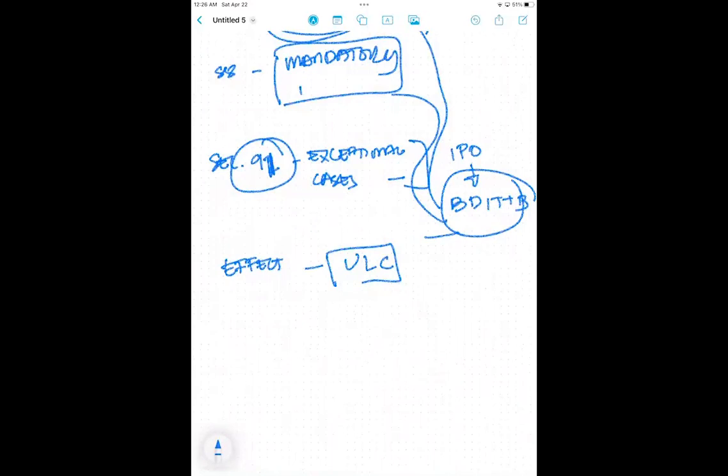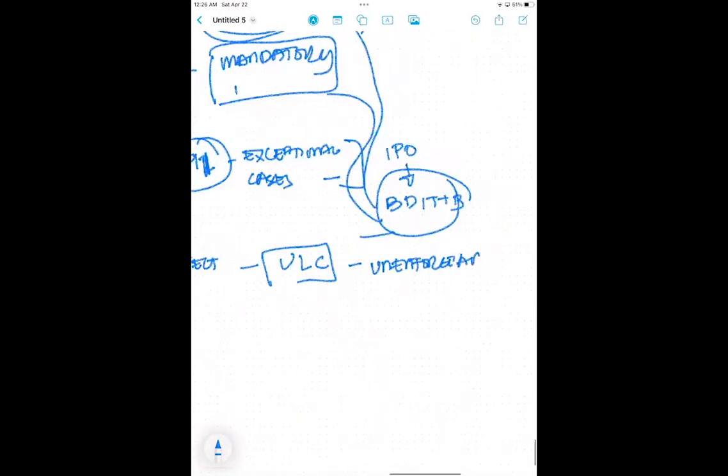The result is that it is unenforceable. Is there a remedy? Yes, there is a remedy. You need to register the contract with the Bureau of Documentation.